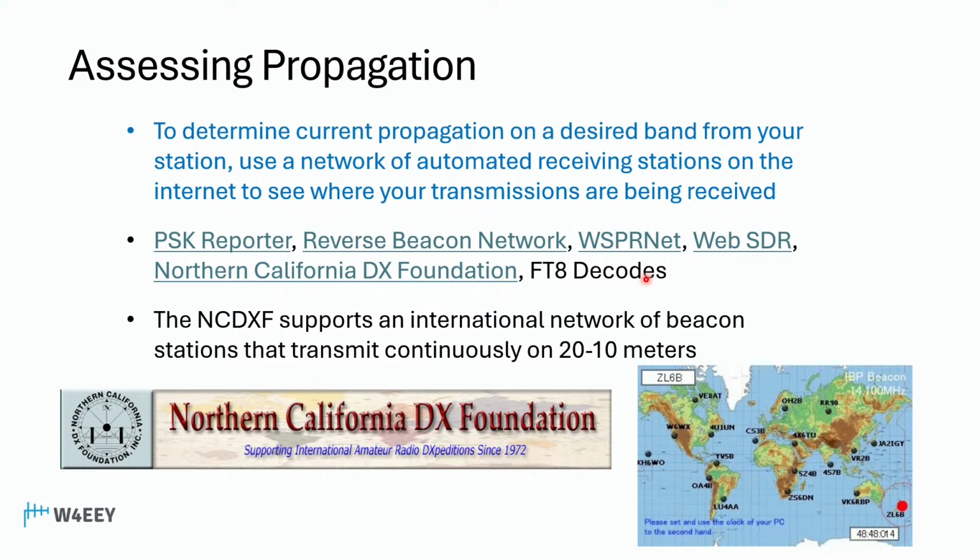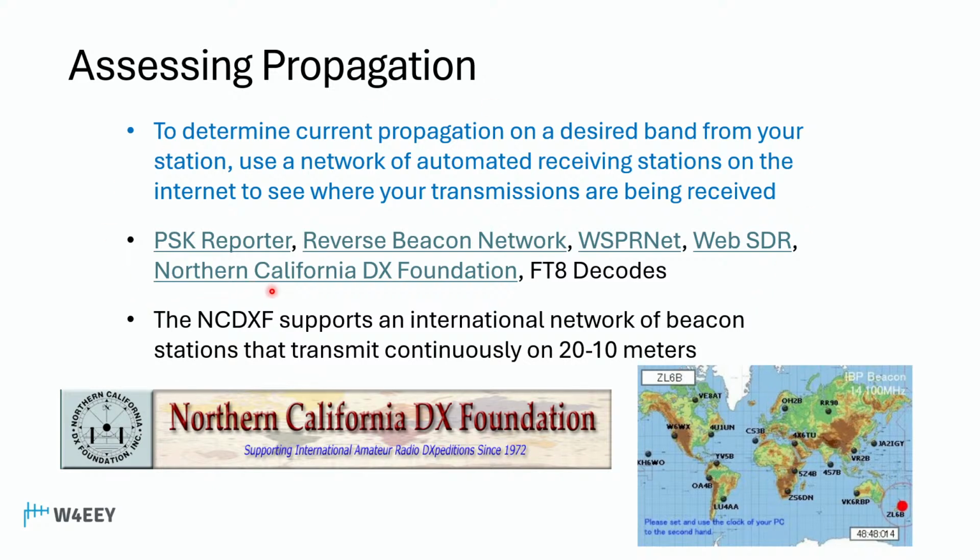You send a beacon from your station, and WSPR stations around the world, if they hear you, will report the signal strength and put it on their database. Web SDR is a concept where you can tune into a receiver someplace else in the world and hear yourself, hear what you're transmitting and see the signal strength.